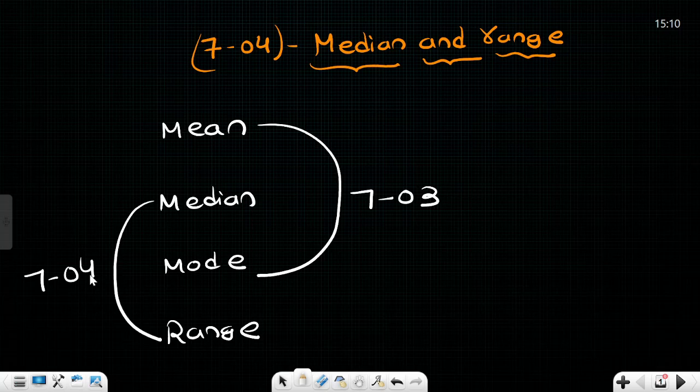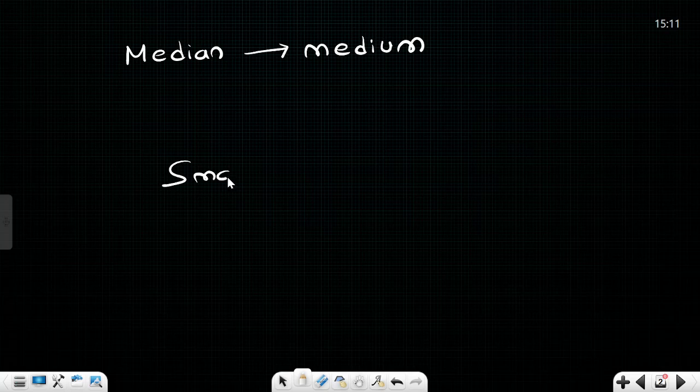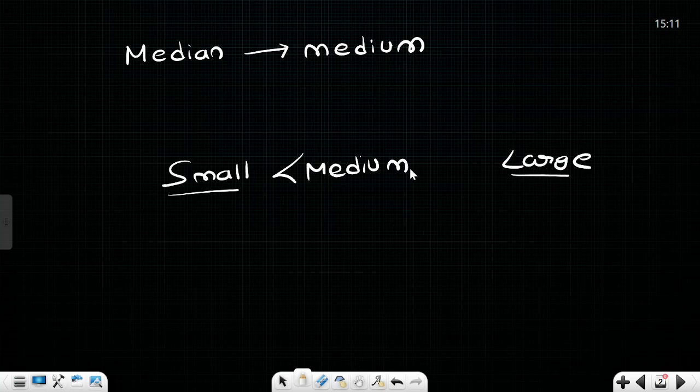Now what exactly is median? This word median is derived from the word medium. Medium means it is in between small and large. Small size, large size, and in between comes medium size.